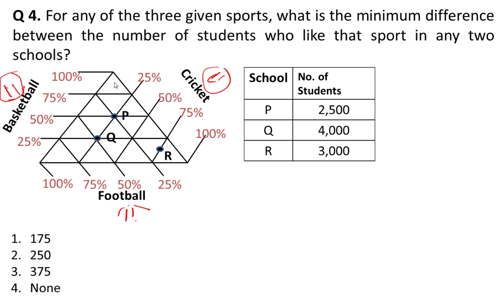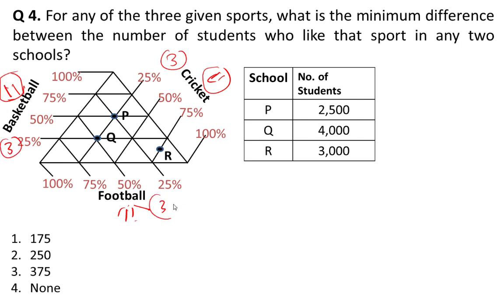Is it clear? Okay. But suppose we were not having any calculations from the previous questions for the total number of students playing cricket and basketball from different schools. Then you need to get into the calculation of all the 3. How many calculations will we have? For cricket, 3 calculations, P, Q and R. For basketball, 3 calculations.